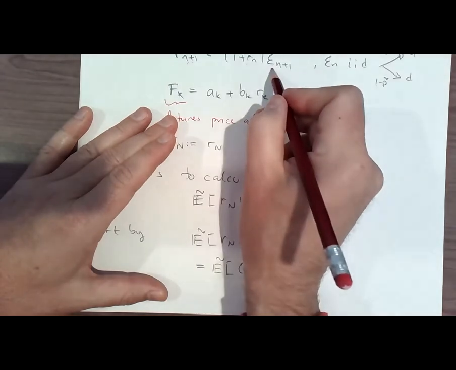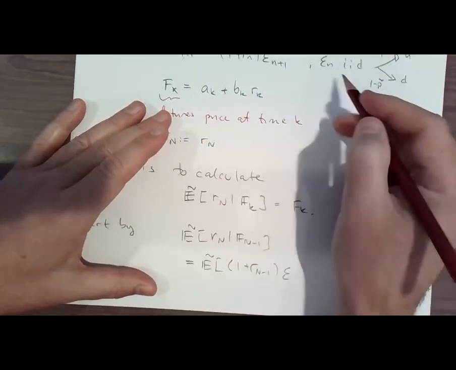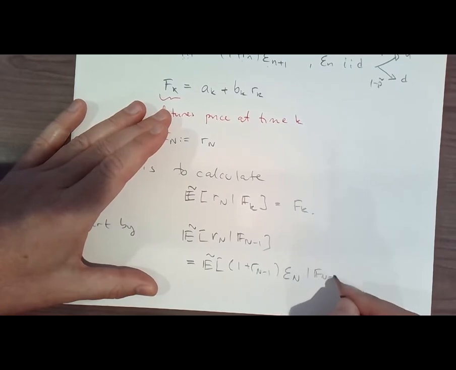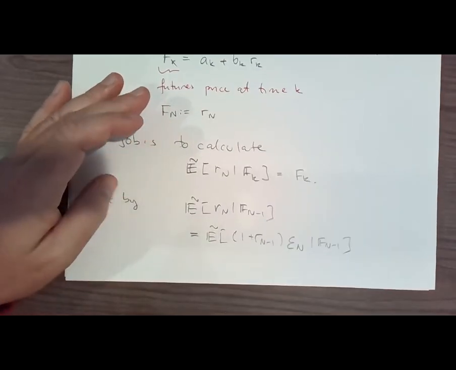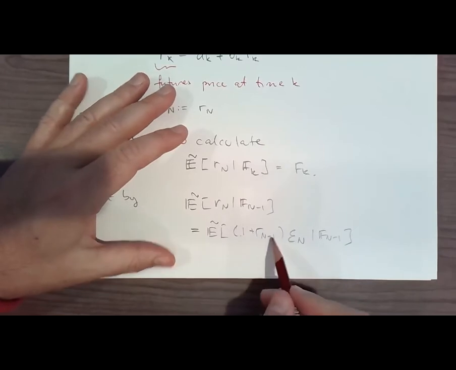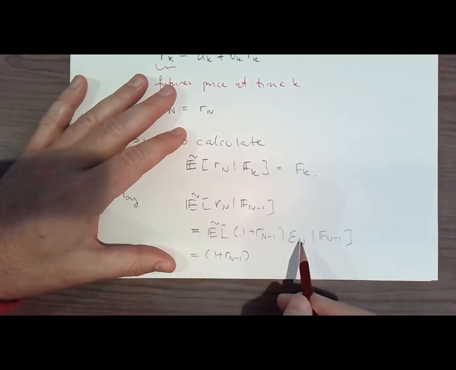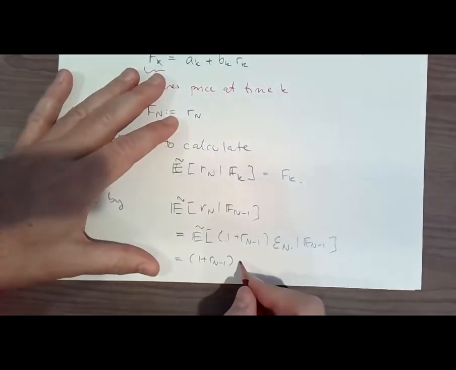And then you need these independent coin flips, epsilon n given Fn minus 1. What we end up with is 1 plus Rn minus 1, which is measurable, so it goes outside. And then this one is independent because of the IID assumption.